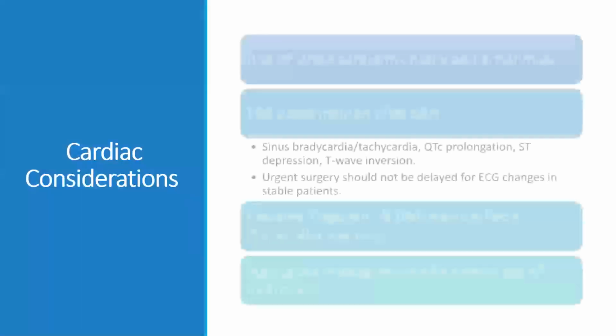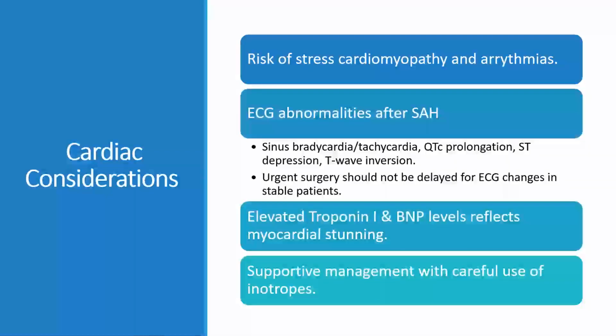Cardiac considerations. There's a risk of stress cardiomyopathy and arrhythmias. We can see ECG abnormalities after SAH like sinus bradycardia, tachycardia, QTc prolongation, ST depression, or T wave inversion. But these are due to the neurological issues caused by the hemorrhage.